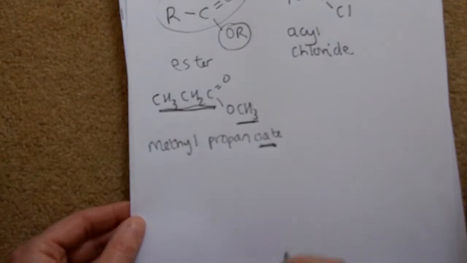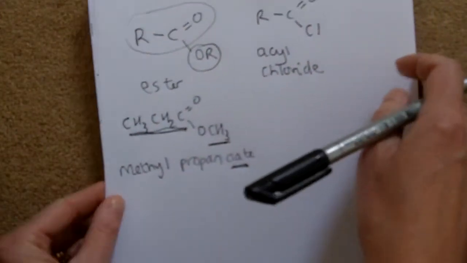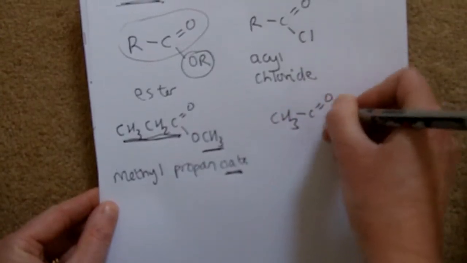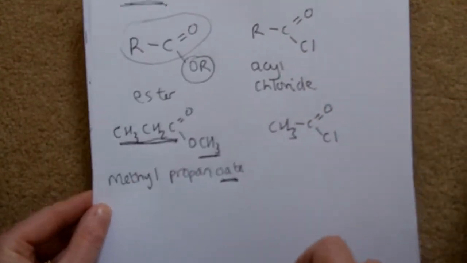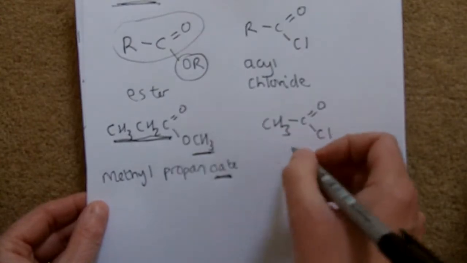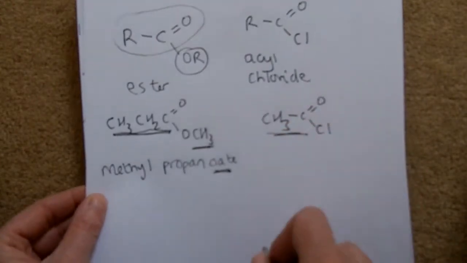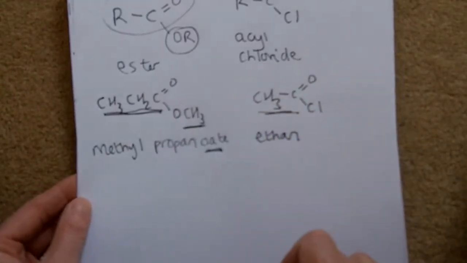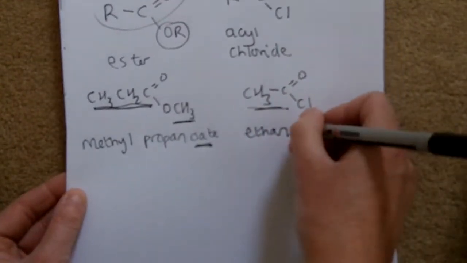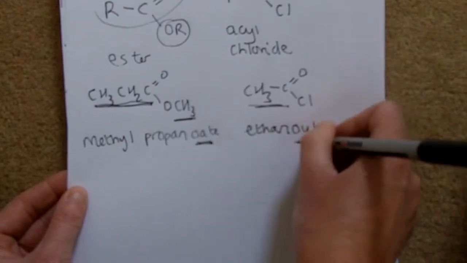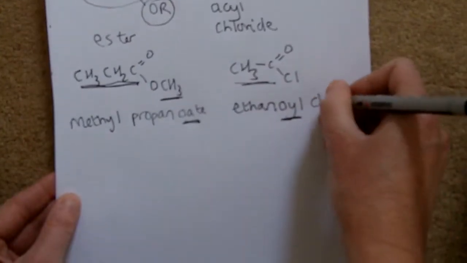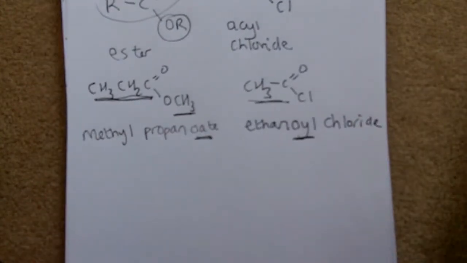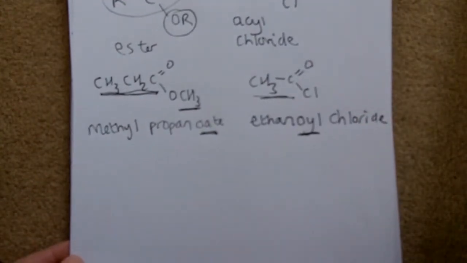When you're naming acyl chlorides, if we have 2 carbons, it's called ethane, but take the E off, ethan, and we put the ending oyl, oyl chloride, and that's how you name ethanoyl chloride.